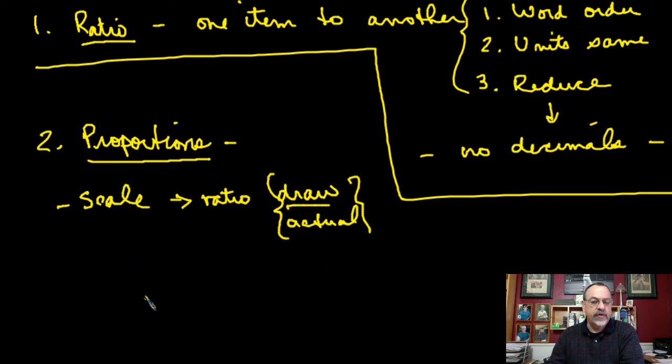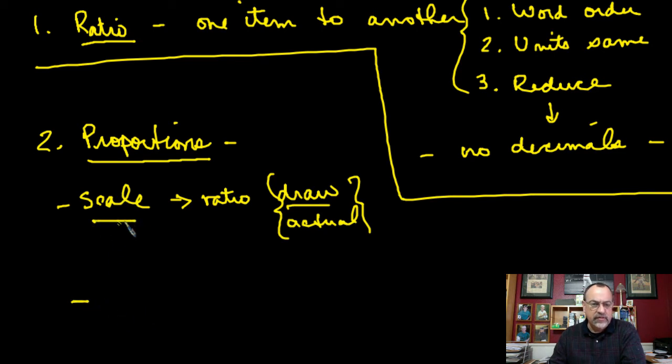I then use this ratio to determine the lengths of either the real life object by taking what's from the drawing and calculating what that would be in real life, or I can figure out how long a line I need to make on my drawing by figuring out, well, if I know how long it is in real life, what would that be in my drawing? And again, I'm going to use the scale or that ratio in order to do that by setting up a proportion.